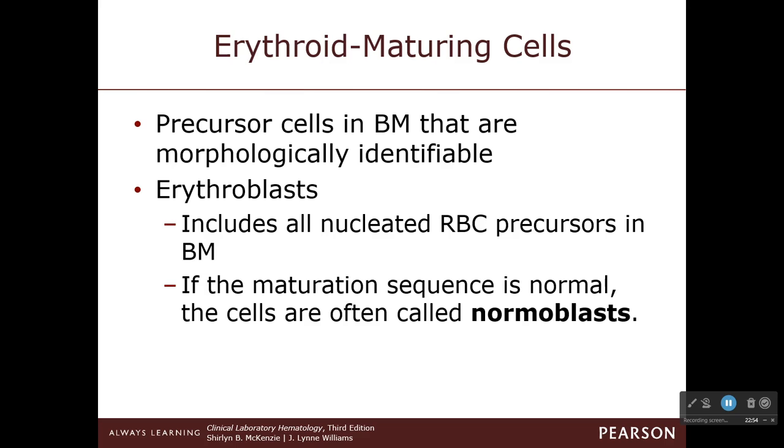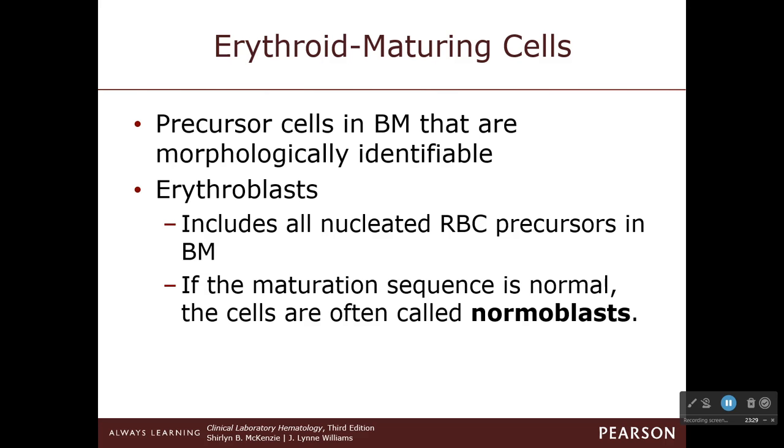All right. So later on, when we talk about IDA, which is iron deficiency anemia, and then pernicious anemia, which is megaloblastic anemia, they don't proceed normally. The cells are smaller in IDA, known as a microcytic anemia, because they don't have the iron to make a normal size cell.